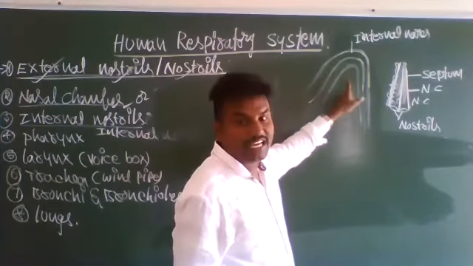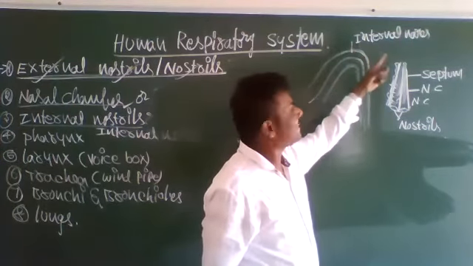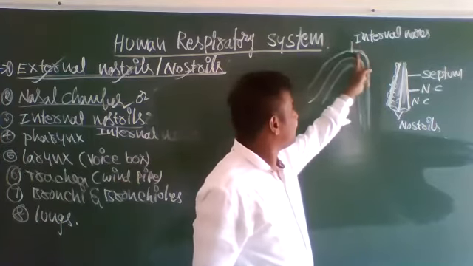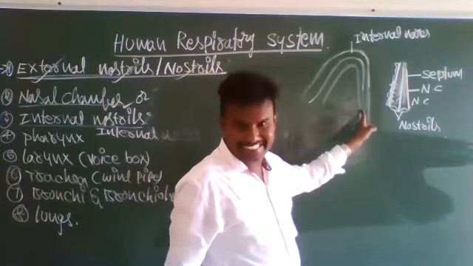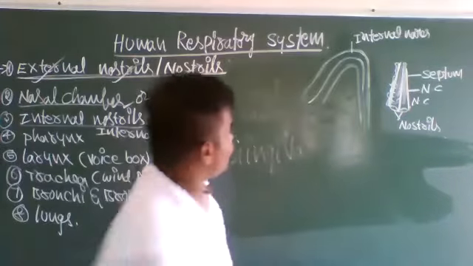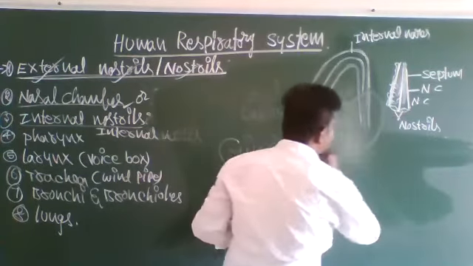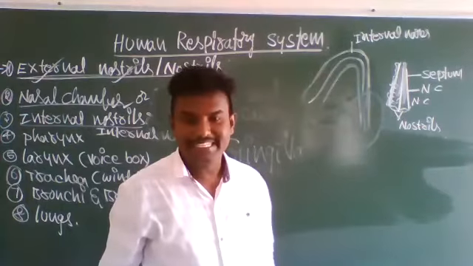This is called gingiva. The internal nares are located above the soft palate and connected to the pharynx. So this region is called the pharynx region.